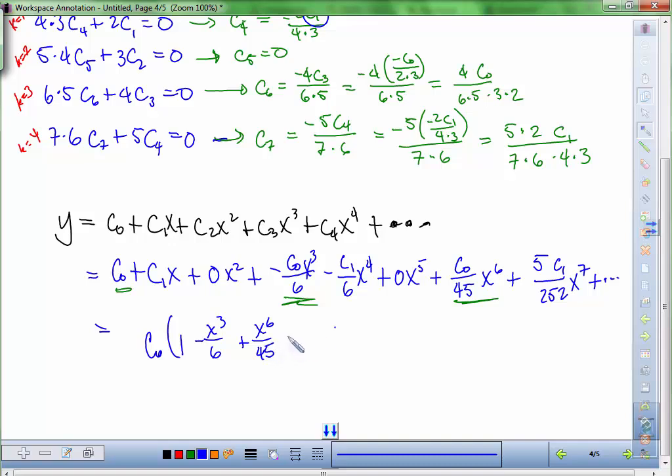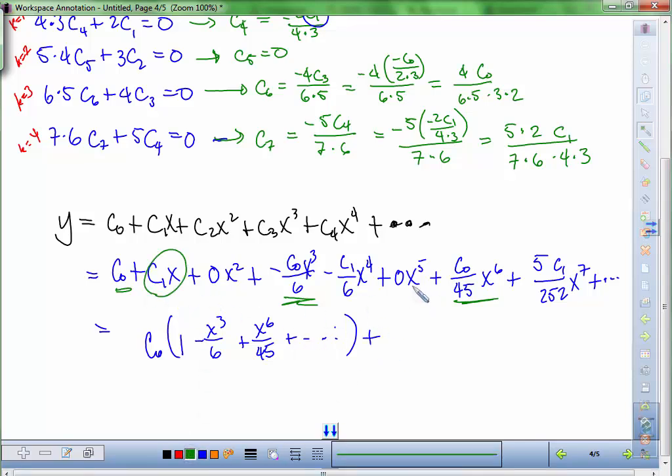Not seeing a pattern, so you're just going to have to write it like this. I see that it looks like it's going to be a plus minus, and I see that I have x cubed, x to the 6th, so the next one's probably going to be x to the 9th. But again, the coefficients there are kind of tripping me out, so I'll just leave it like that. Plus, we have a C1.